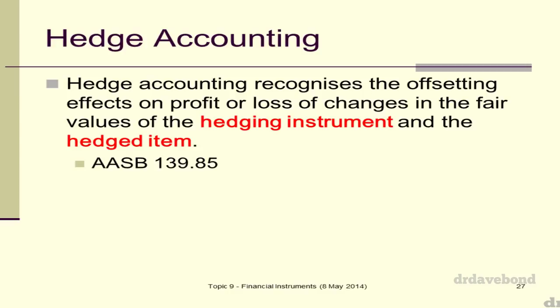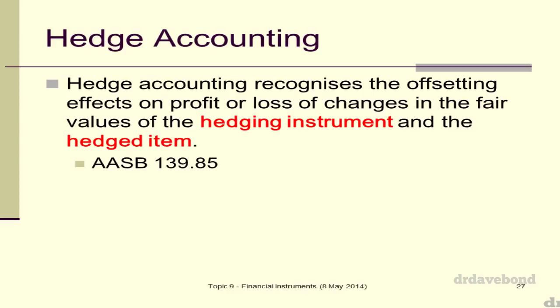Anyway. Hedge accounting recognizes the offsetting effects on profit or loss of changes in the fair value of the hedging instrument and the hedged item. What we're trying to do with it is, the hedged item is something which changes in value based on something which you can't control.